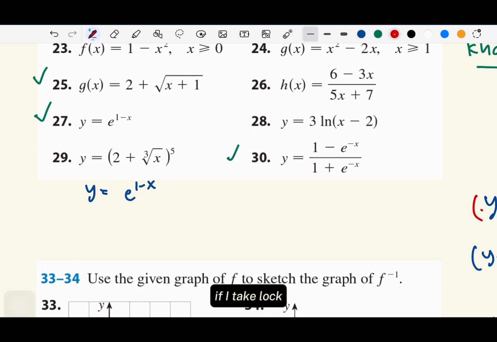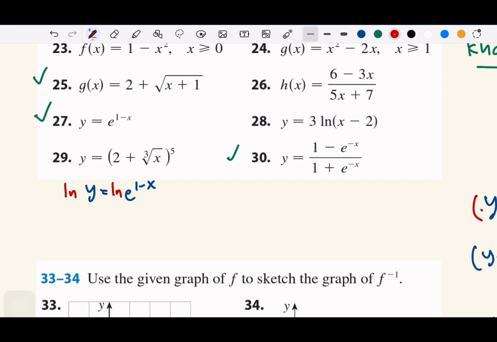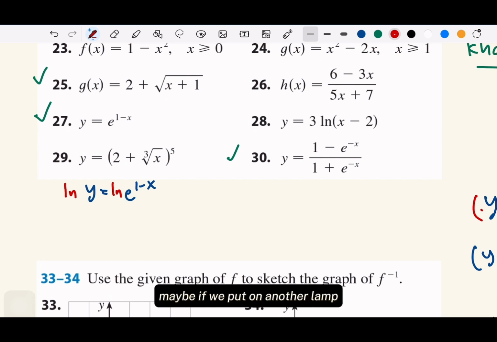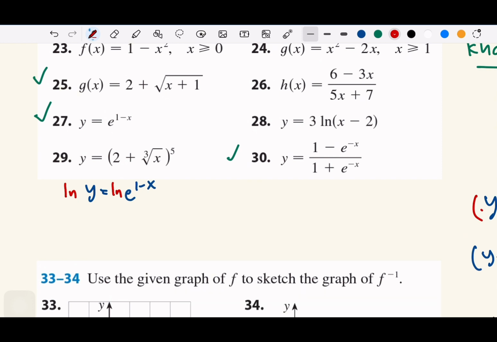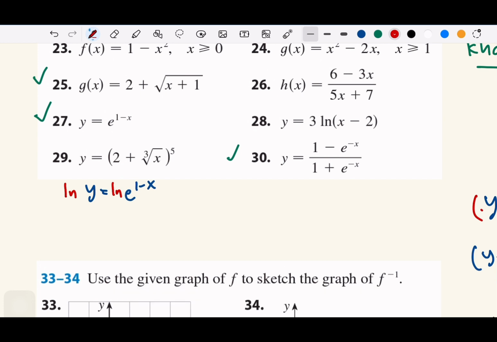If I take log, maybe natural log on the left side, I also need to take natural log on the right side. Because if we only put it on the left, why would we do that? It's already a different expression, right? So if we did it on the left, we also do it on the right. The same thing when you try to rationalize your limits. If you multiply and then you do not have the other denominator, then you change the function. So don't do that. So left, right, okay.